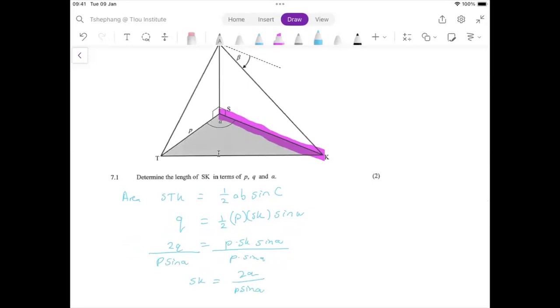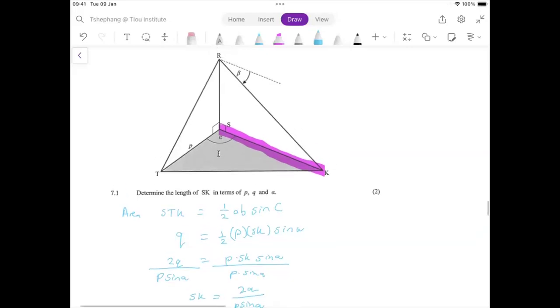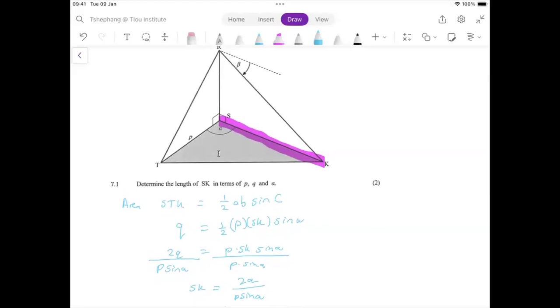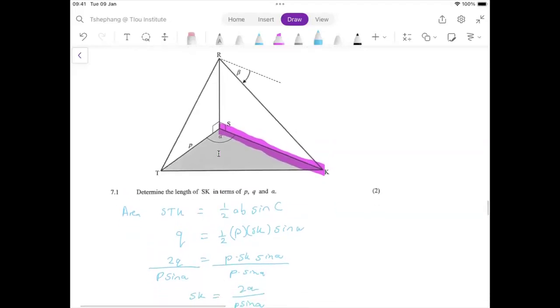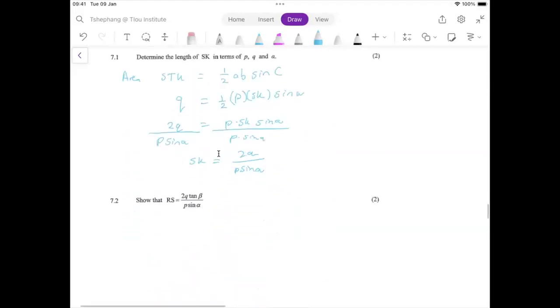I'm hoping that is clear. I'm not seeing any questions, so I think we are fine there. But remember what I said? The reason we used the area is because we don't have enough information to use sine, cos, or tan.